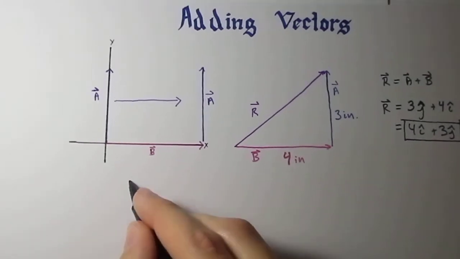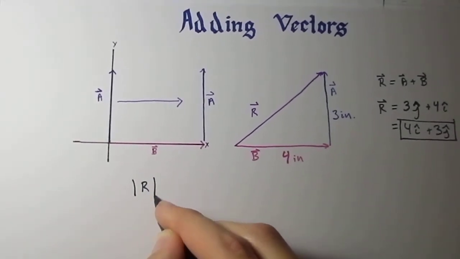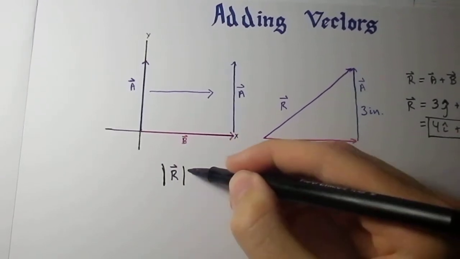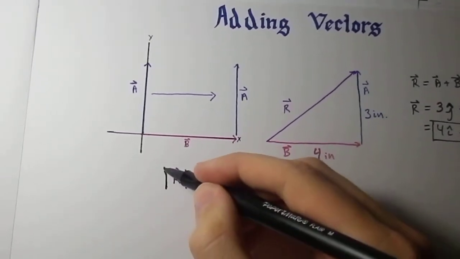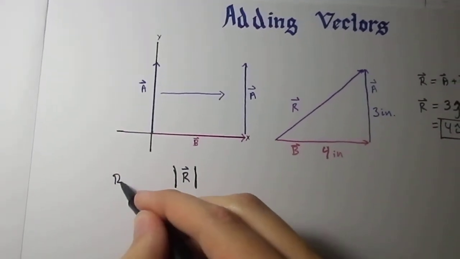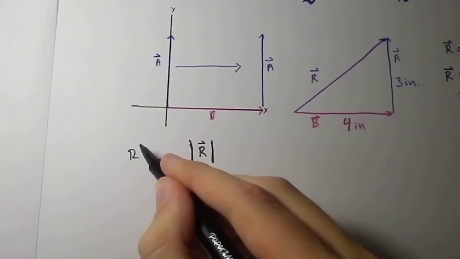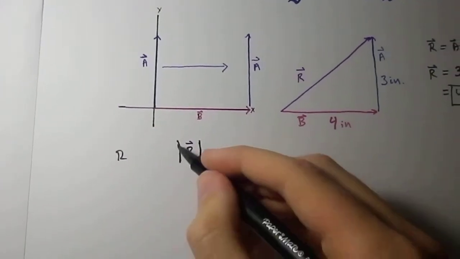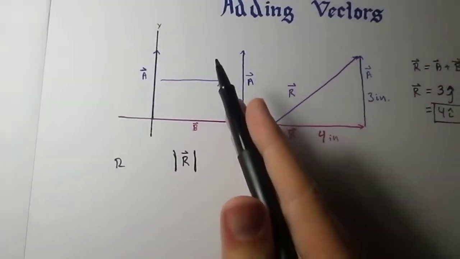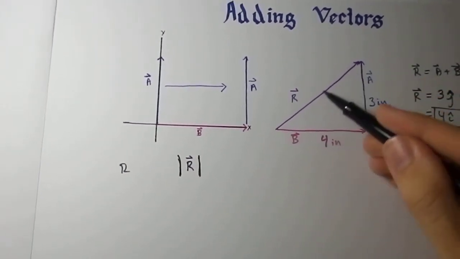The magnitude of vector r is sometimes written with two lines, sort of like an absolute value sign, or sometimes just r without the arrow above it. It means magnitude, but I like it this way. Basically the magnitude is the distance here.